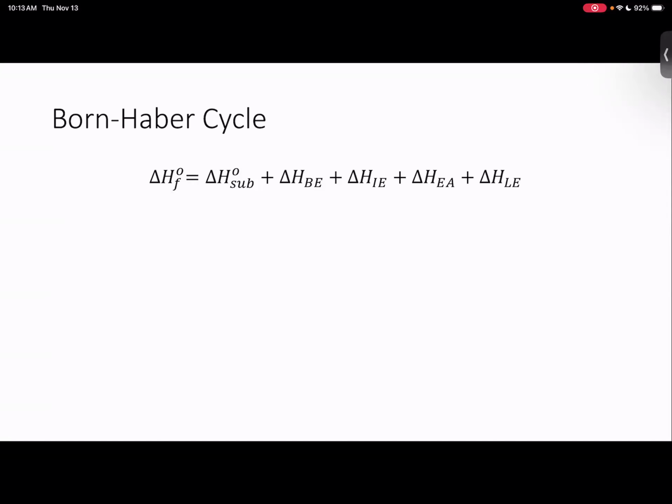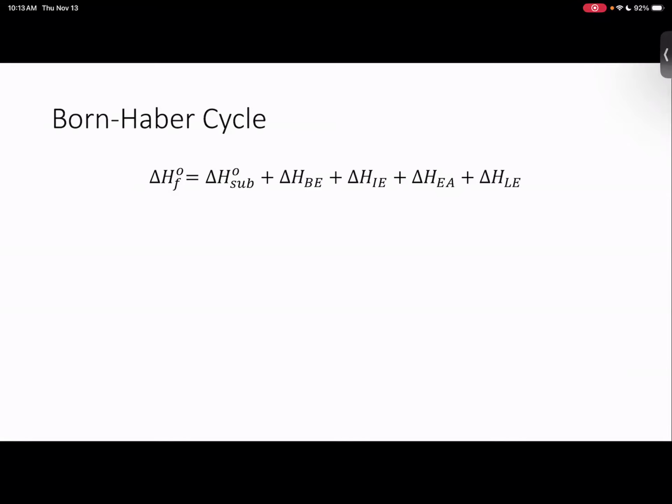Now, before we get into the Born-Haber cycle, again, we can calculate the enthalpy for the lattice energy by taking the enthalpy of formation for the ionic compound from its elements in standard state and setting that equal to all of the energies that go into the formation of the ionic compound.